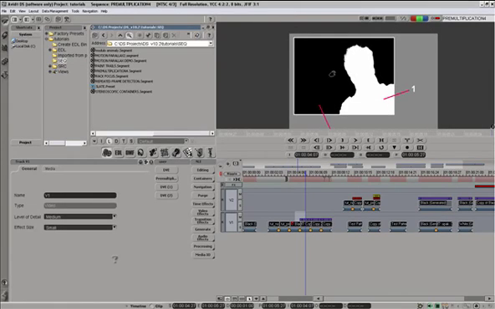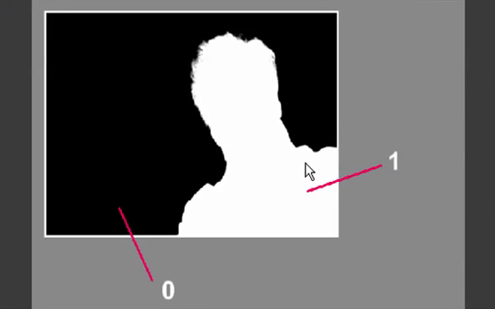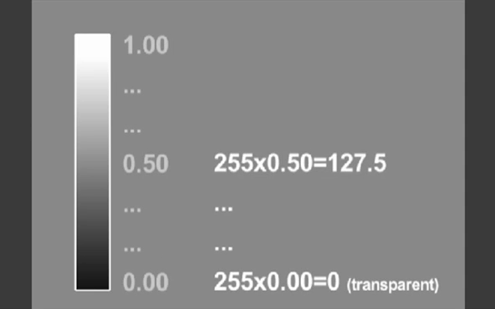To recap, we said that all black values are 0, all the 100% white values are 1, and all the values in between are numbers between 0 and 1. So the middle value would be 0.5, and the math behind it is very simple.